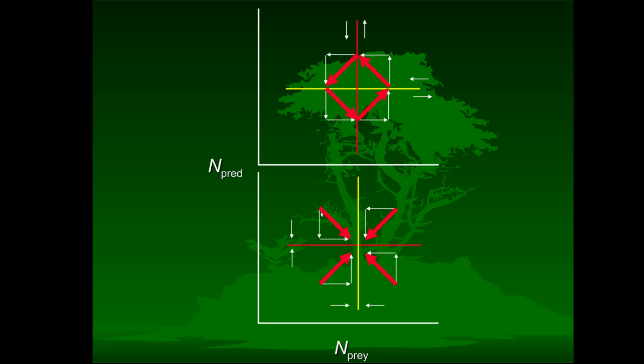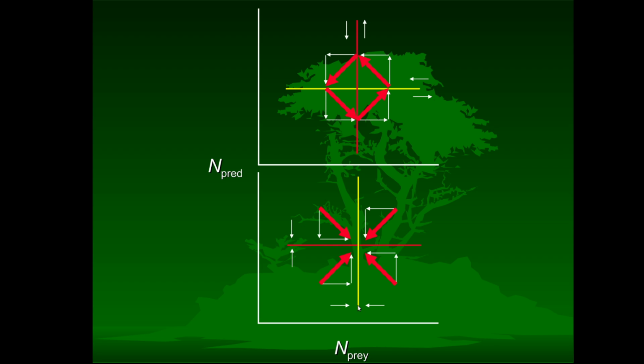It means that neither population has any effect on the other near the equilibrium. Whether the prey population increases or decreases depends on where the prey population is relative to this vertical isocline. So it depends only on the prey population.